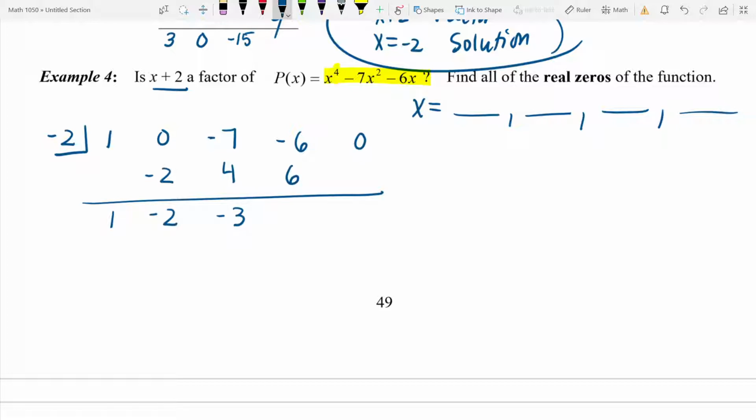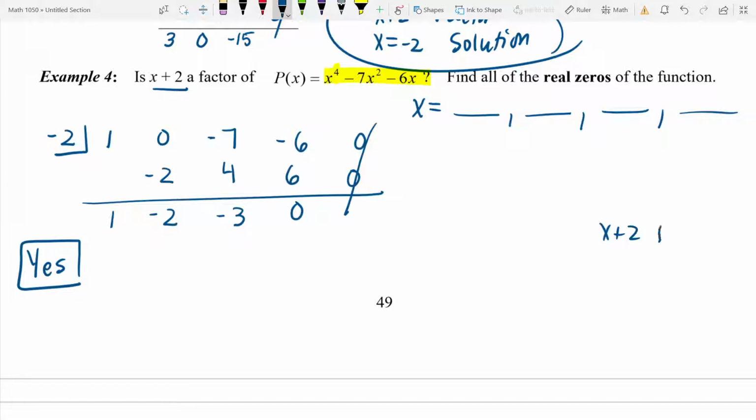A negative 6 and a positive 6 is a 0. 0 times negative 2 is a 0. No remainder. This is a factor. So is it a factor? Yes, it is. Find all of the real zeros. Okay? Look. If x plus 2 is a factor, let's write this down.